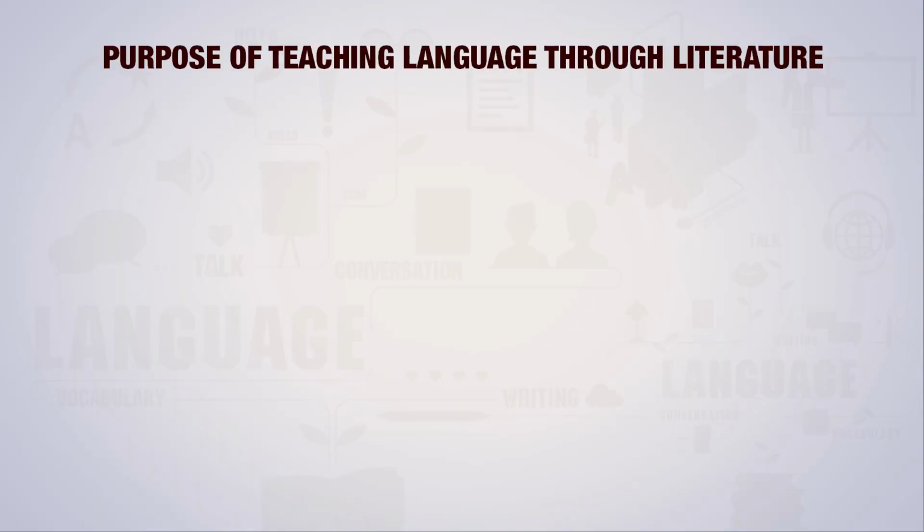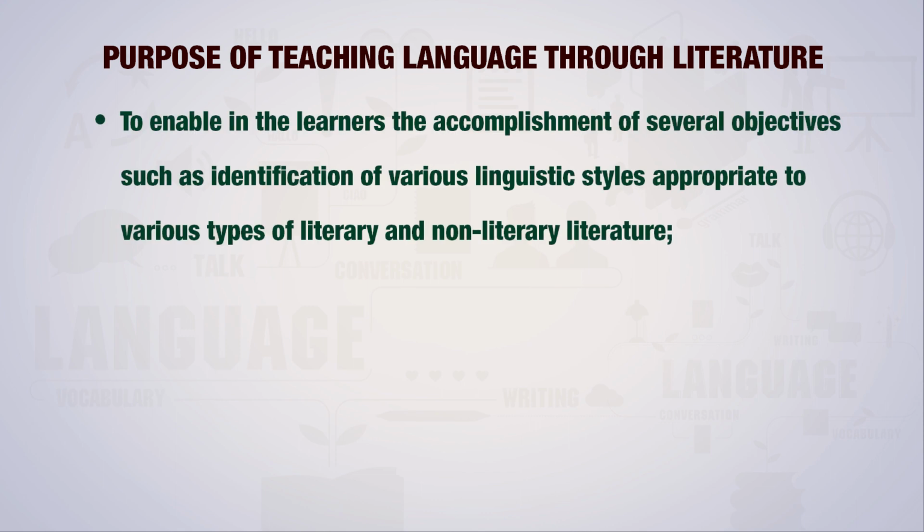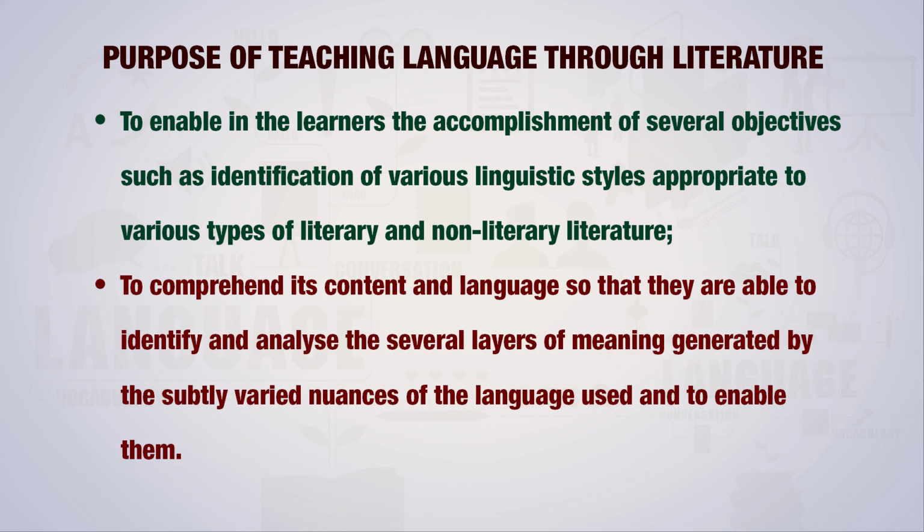The basic purpose of teaching language through literature is to enable in the learners an accomplishment of several objectives, such as identification of various linguistic styles appropriate to various types of literature, comprehension of the content in language so that they are able to identify and analyze the multiplicity of meaning generated by the varied nuances and the subtleties of the language used.